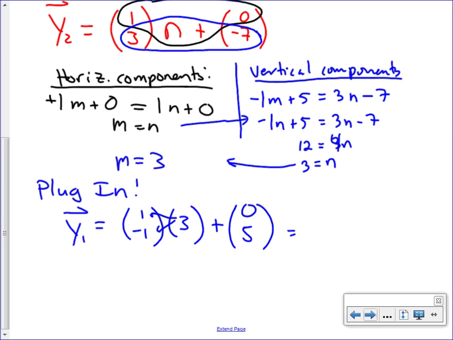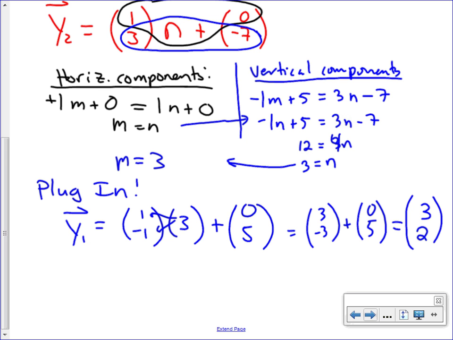So this is the same thing as 3, negative 3 plus 0, 5. And then when there's no more scalars, you just add the horizontals and the verticals together. So 3 plus 0 is 3, negative 3 plus 5, 2. So that is one vector.